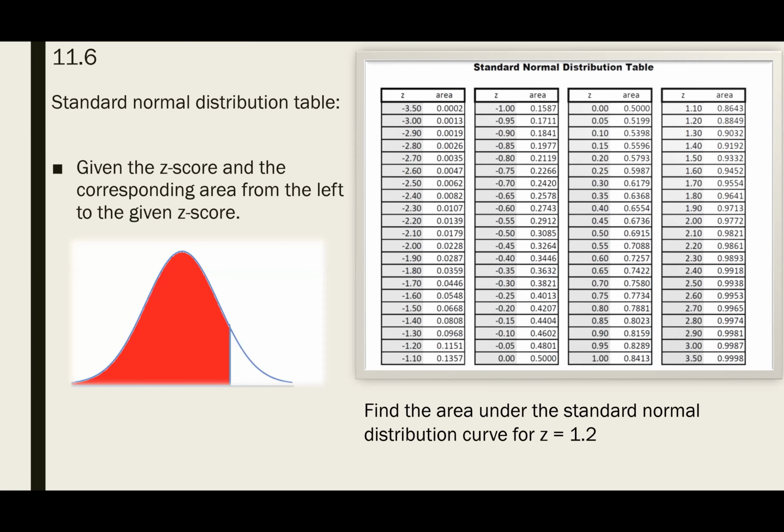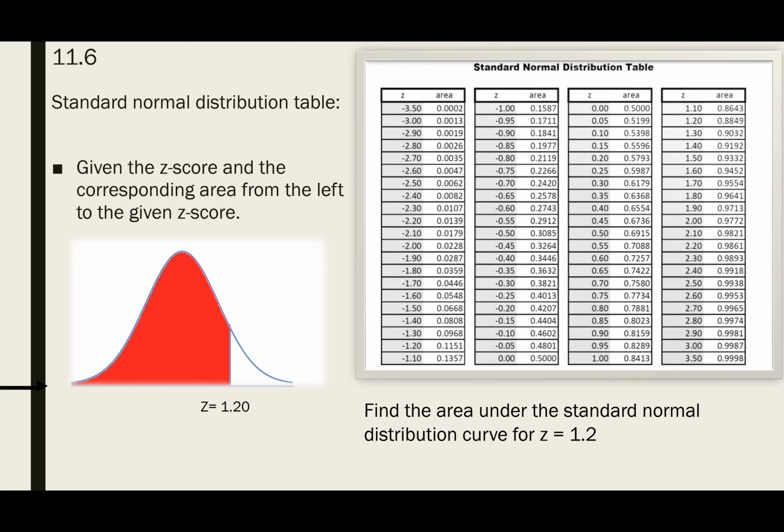And this is what I want to advise you to do: first, sketch your normal curve so that you have an idea of what side of the curve I'm looking for. If they ask me to find the area to the left, then life is easy. How easy is this?